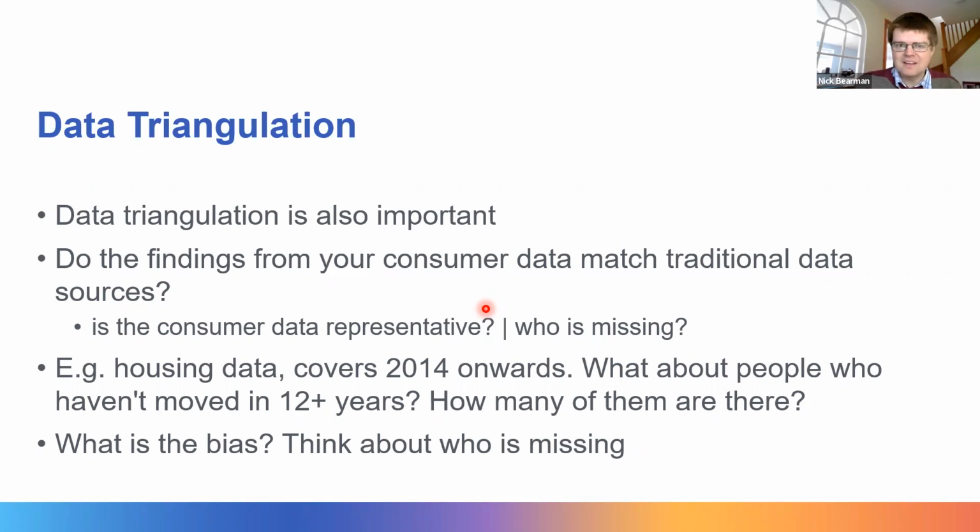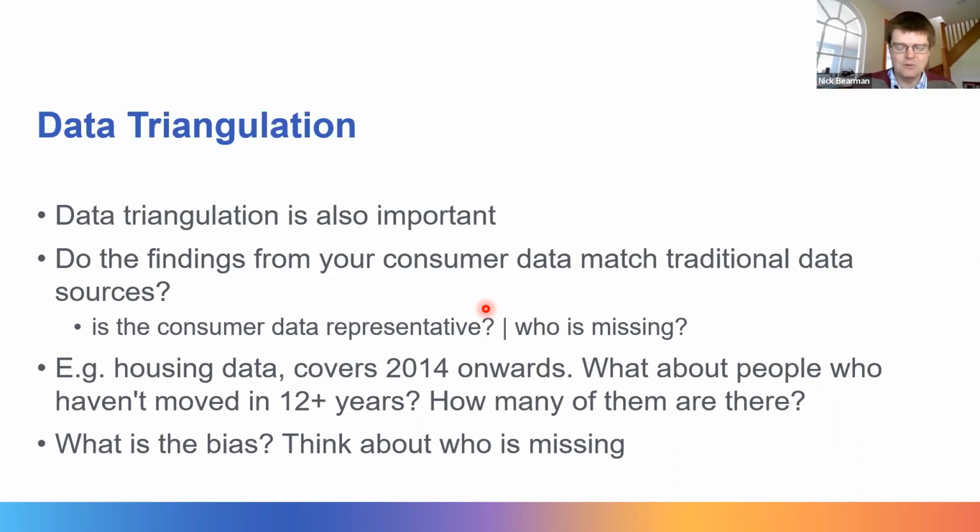And I'm sure there are lots of people who've not moved in the last 12 years. So they're not in that data at all. They're not there because they've not moved. They might be in the linked consumer registers, depending on how they were in the electoral roll, but they may not be. So they may be missing completely from your analysis.